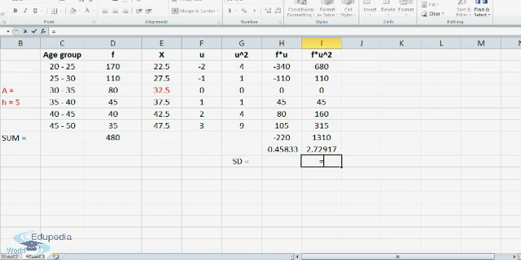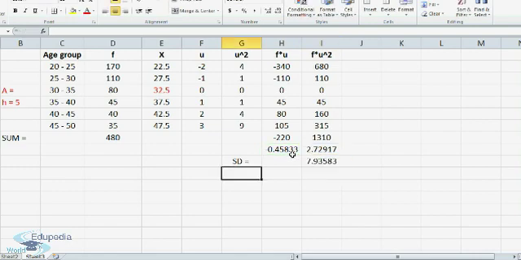The formula is h, which is 5, multiplied by square root of the difference between this number and the square of this number, this raised to power 2.